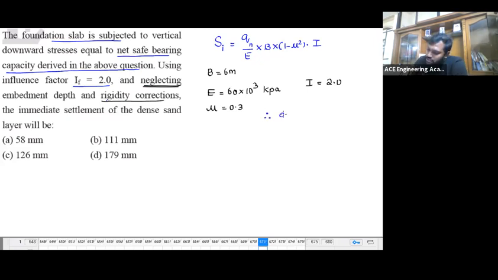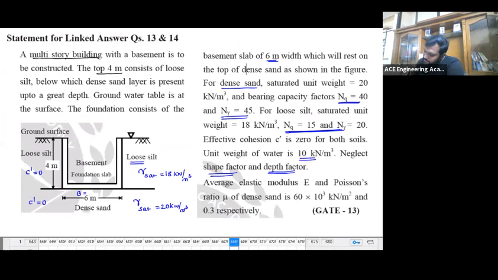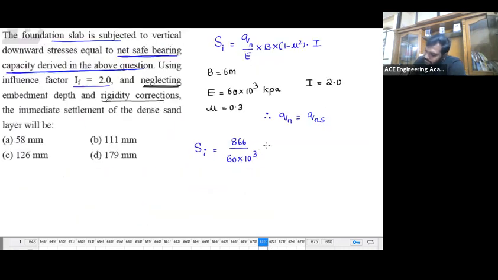But in the given question, the net pressure is given as the net safe bearing capacity, because the net safe bearing capacity is going to be used. So what is the immediate settlement? We got 866 by 60 into 10 to the power of 3 kilonewton per meter square, into B, 6, into 1 minus 0.3 square, into I value as 2. What is the immediate settlement?